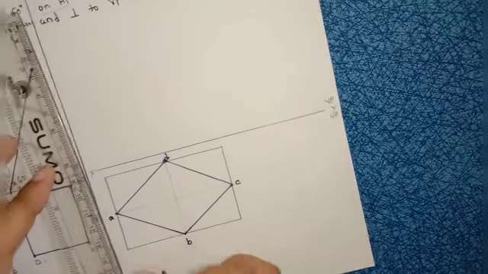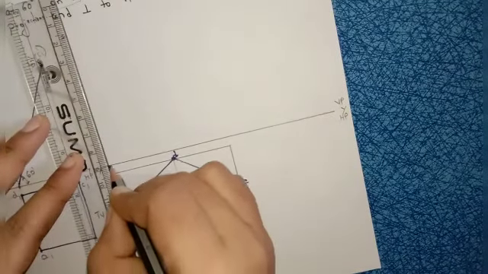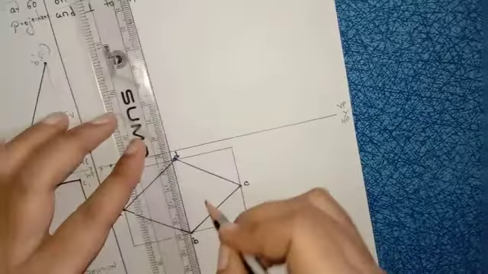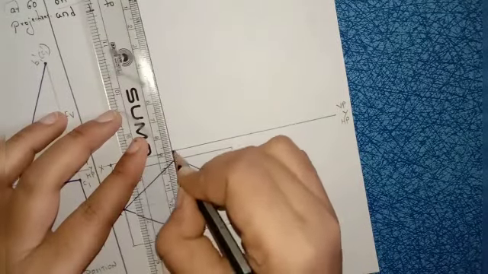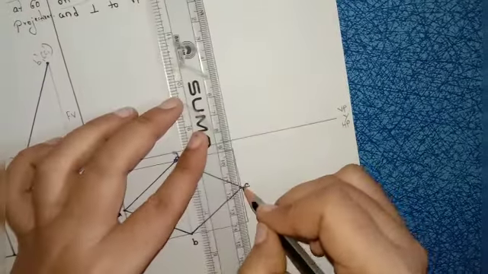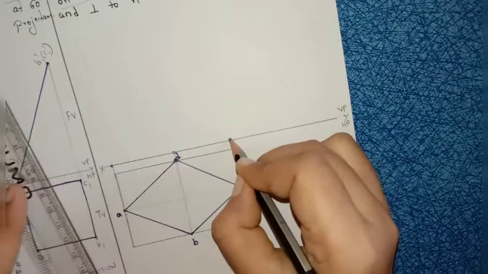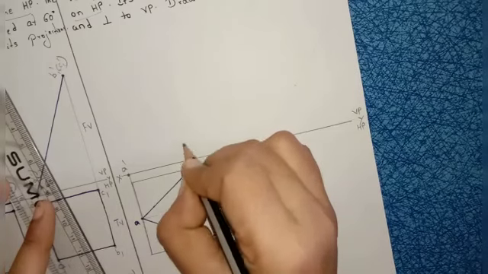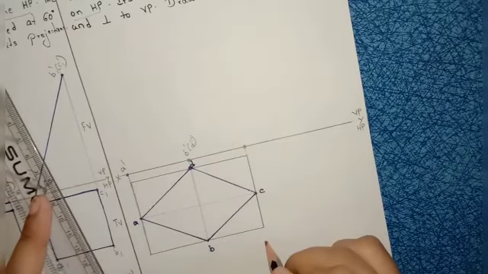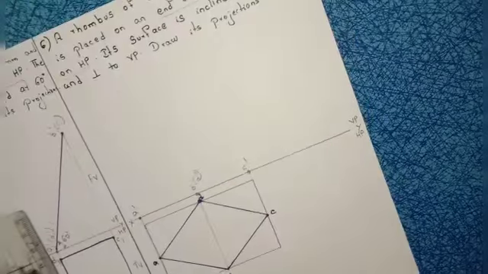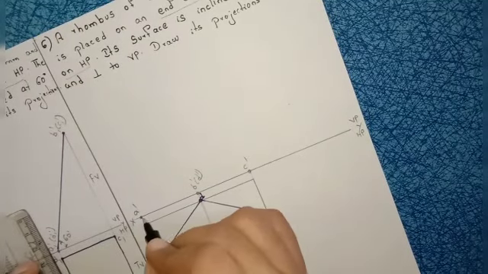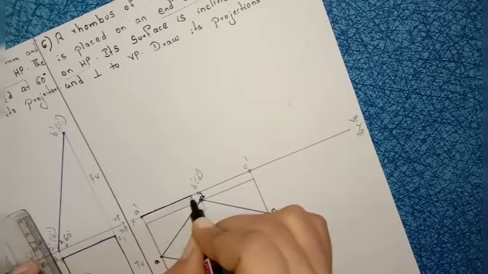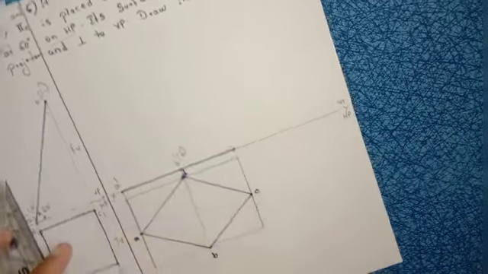Now from A project the line till the reference line, from B and D project the line till the reference line, from C project the line till the reference line. Name it as A dash, this is B dash or D dash, and this point is C dash, right? Now A dash, B dash, C dash, draw a straight line here.